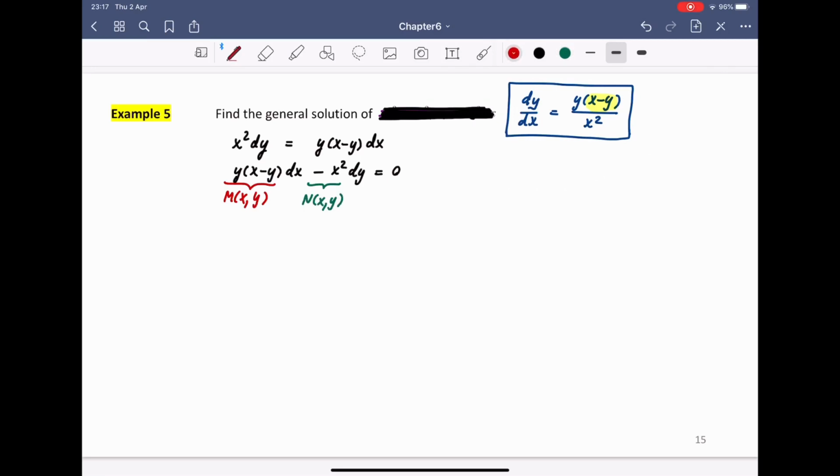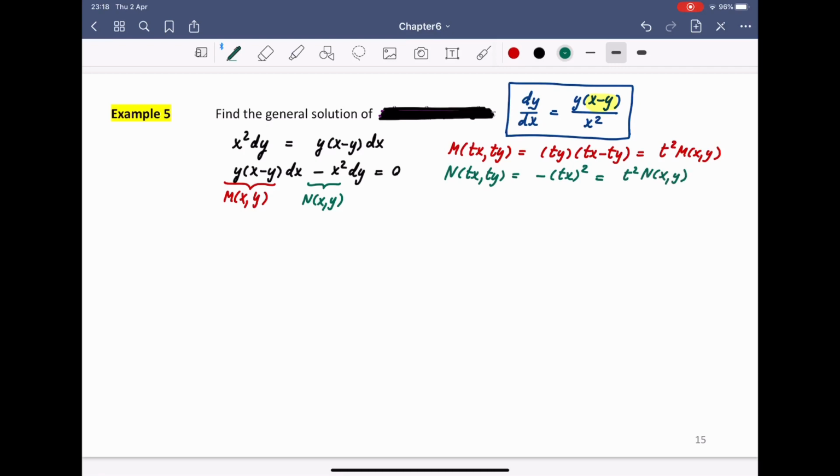So we're going to check here if M and N are homogeneous of the same degree. So let's do M(tx, ty). This is ty times (tx minus ty). And once you do the algebra, you're going to get t squared times M(x,y). So this is homogeneous of degree 2. And then also if you do N(tx, ty), this is going to be minus (tx) squared, and that will give you t squared times N(x,y).